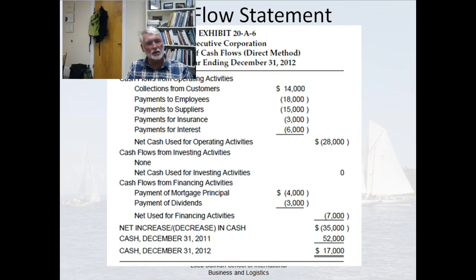Cash flows from investing activities, we didn't have any investing activities, so we don't have any cash flows. And cash flows from financing, we paid back $4,000 on our mortgage, we paid $3,000 in dividends, so we used $7,000 in financing activities. So our cash went down $35,000. We started the year with $52,000, and now we have $17,000.